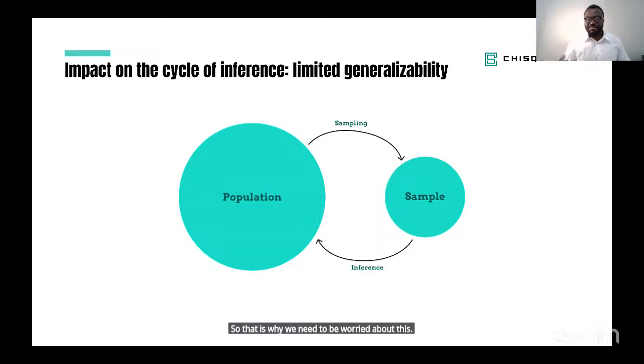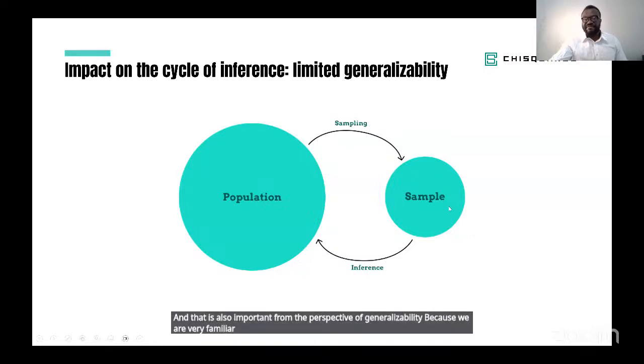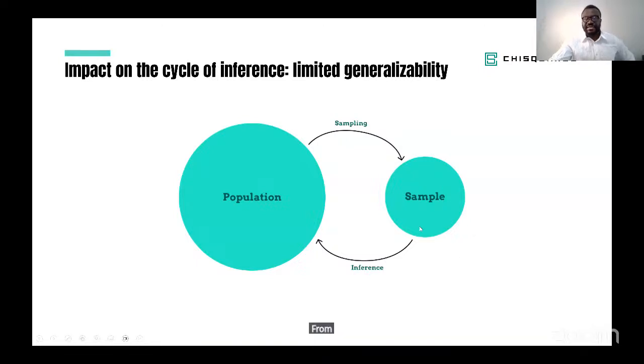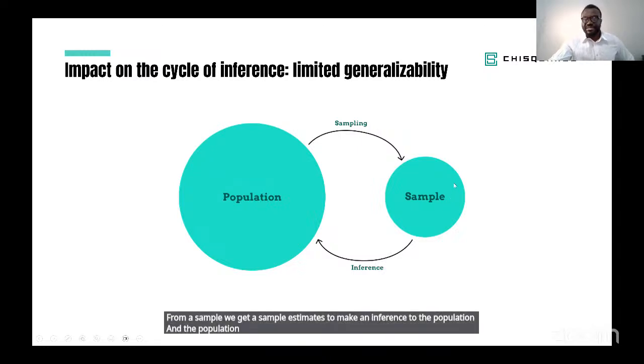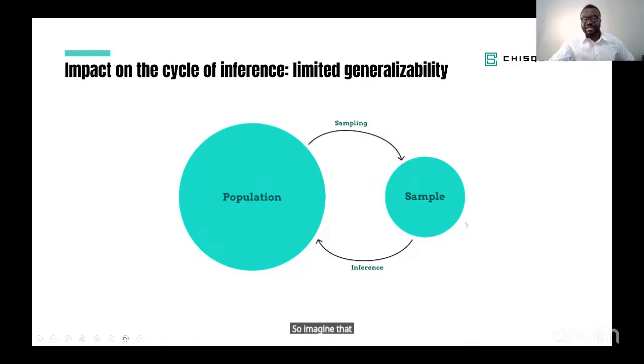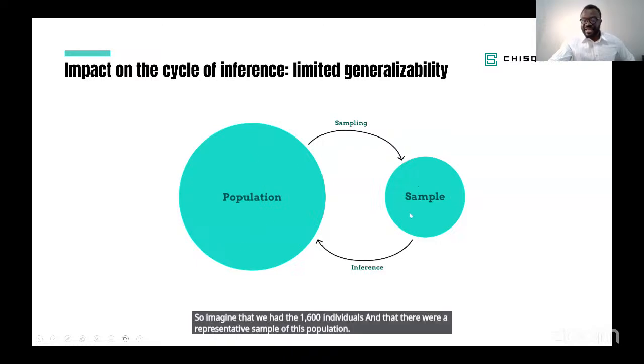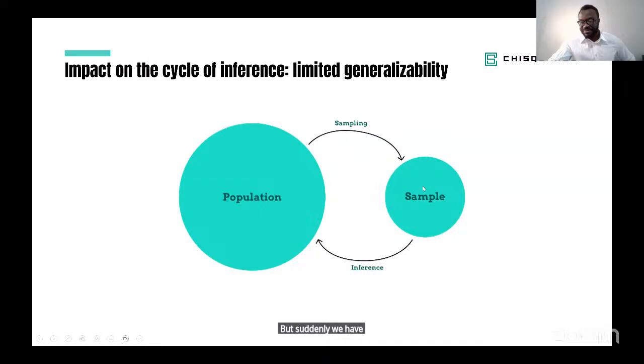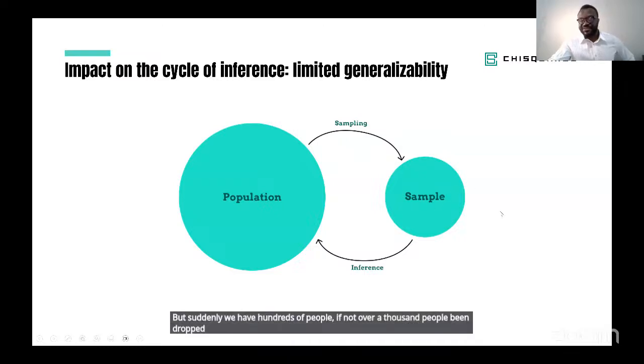And that's also important from the perspective of generalizability, because we are very familiar with the cycle of inference. From a sample, we get estimates to make an inference to the population, and the population gives us a sample. So imagine that we had the 1,600 individuals and that they were a representative sample of this population. But suddenly we have hundreds of people, if not over 1,000 people, being dropped because of missing values, right?